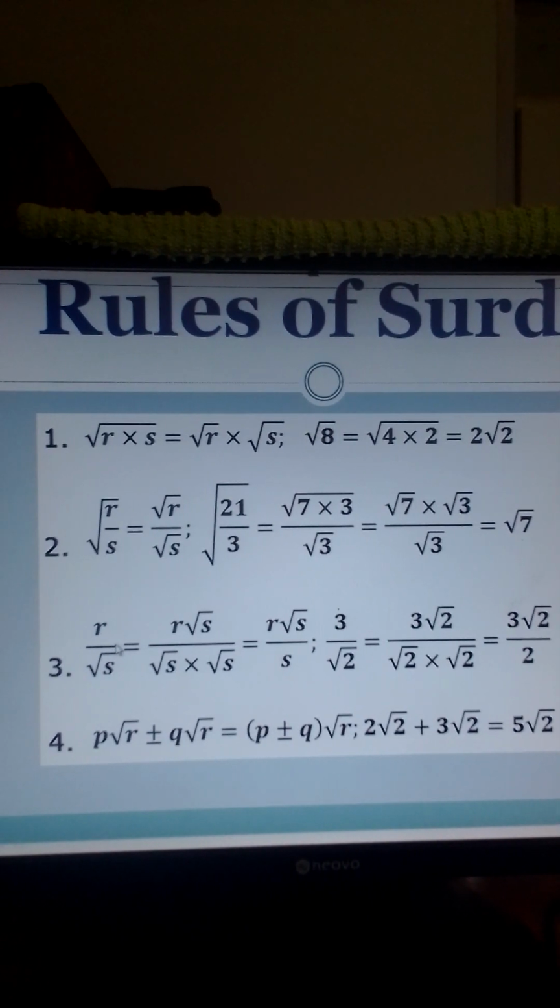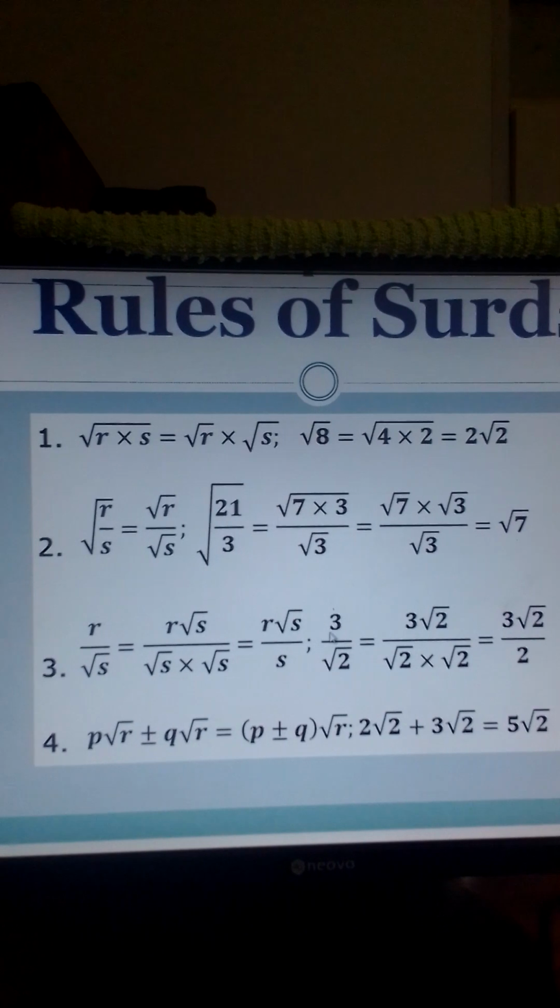Next, r divided by root s. We can write it this way: we multiply the numerator and the denominator by root s. So we get r root s divided by root s times root s, which is r root s divided by root s squared, which is s.